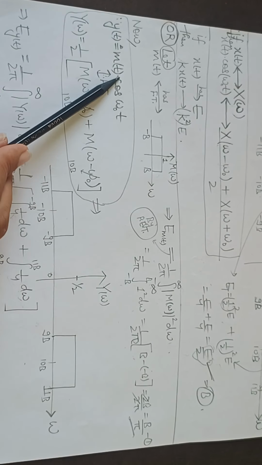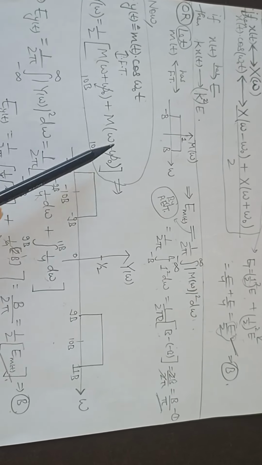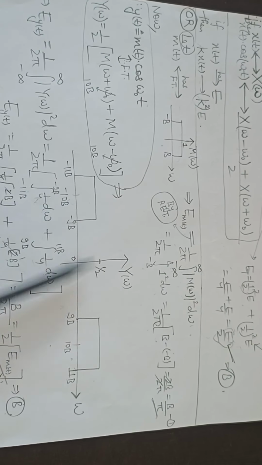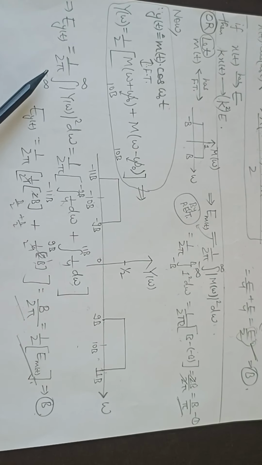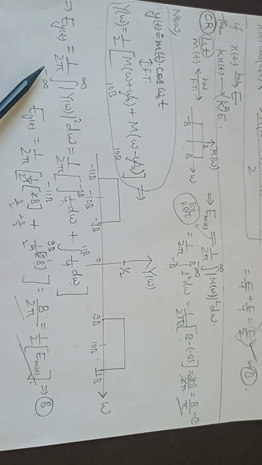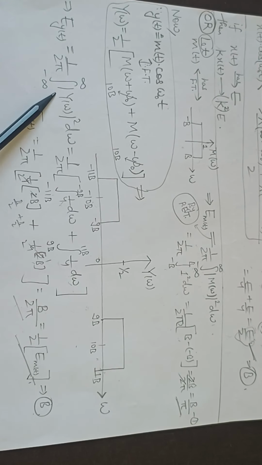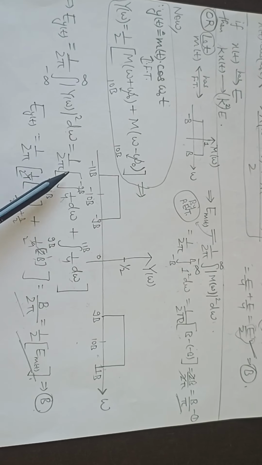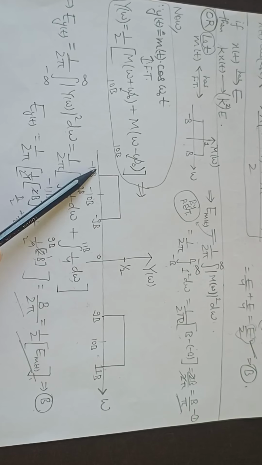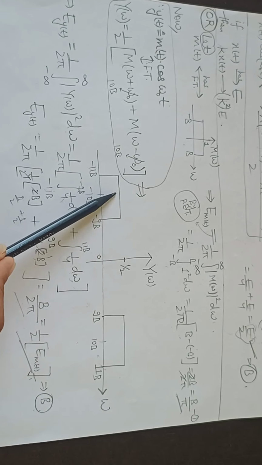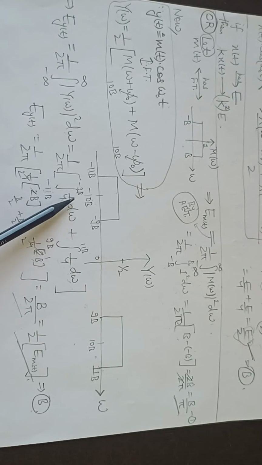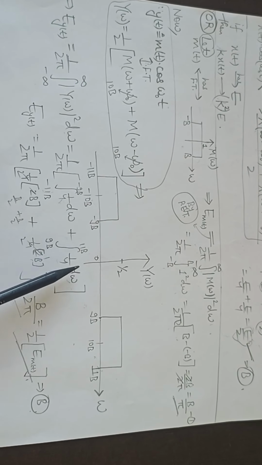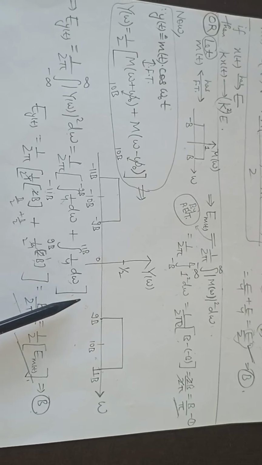Now when I apply the modulation property, the spectrum is shifted on both sides by 10b. So now the energy of this signal, again by Parseval relation, is 1 upon 2 pi, integral from minus infinity to infinity of |Y(omega)| square d omega. This part is minus 11b to minus 9b, and the amplitude is 1 by 2, so squared it is 1 by 4 d omega, plus 9b to 11b, 1 by 4 d omega.